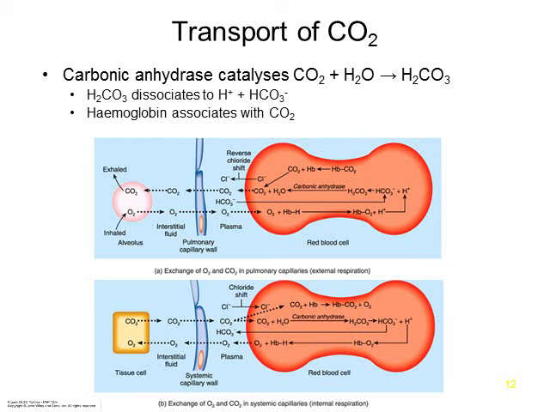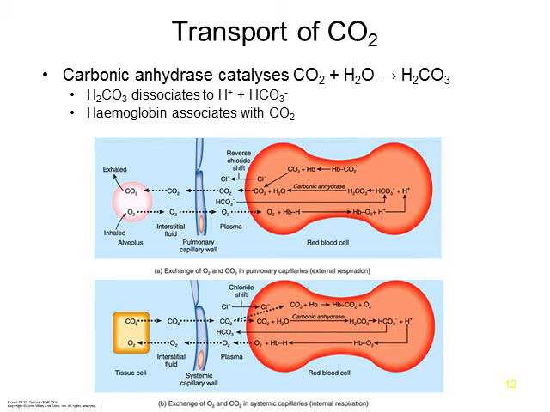Chloride shift occurs, so this time we're taking chloride ions from plasma into the red blood cell. In addition, the CO2 that's taken into that red cell will interact with water, and through the actions of carbonic anhydrase will become H2CO3, which will dissociate into bicarbonate ions and protons.